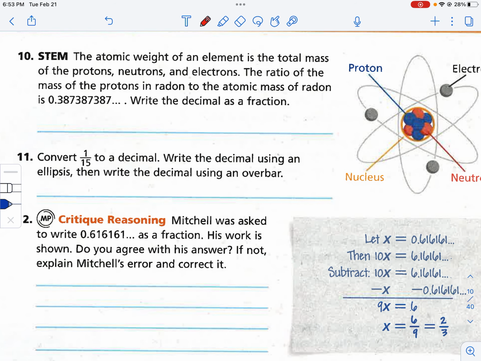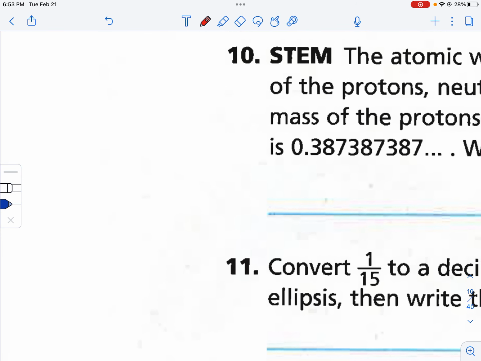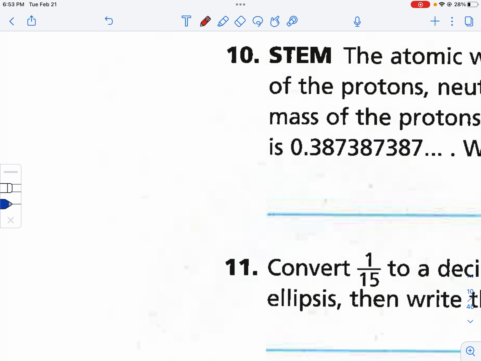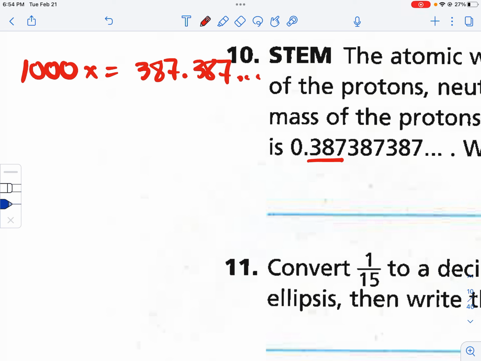An atomic weight of an element is the total mass of the protons, electrons, neutrons, and electrons. The ratio of the mass of protons in radon to the atomic mass of radon is that number right there. Write the decimal as a fraction. Okay, so I need to move these three numbers over. So I'm going to multiply by 1,000 so that I get 387.387, and so on.